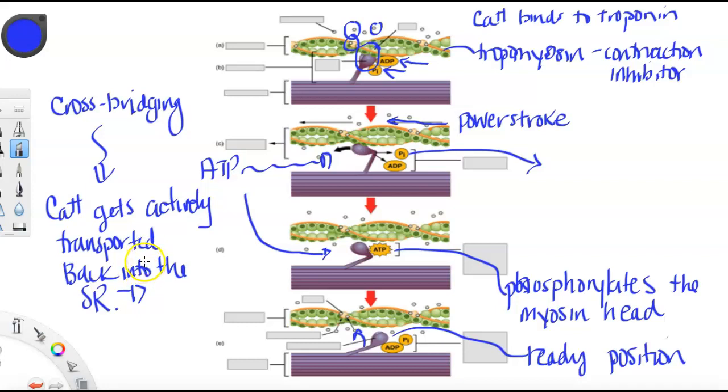The tropomyosin goes back to its original position. Tropomyosin goes back to its contraction inhibitor position, and we have relaxation.